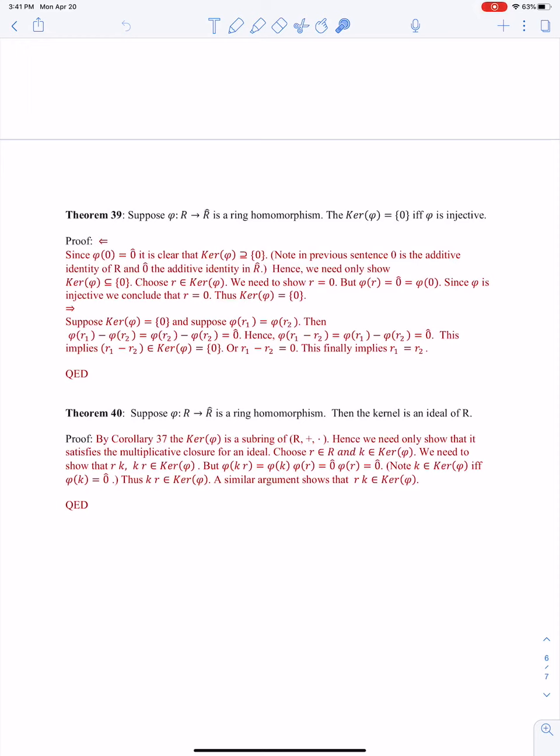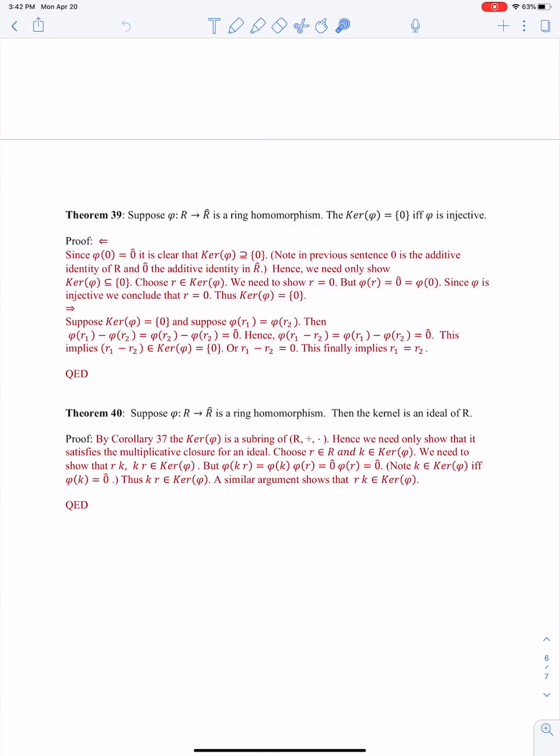What does that mean? That r1 minus r2 has to be in the kernel. But my assumption was that the kernel is just the element 0. So that tells me r1 minus r2 has to be 0. Adding r2 to both sides tells me r1 has to be r2. QED, we're done.